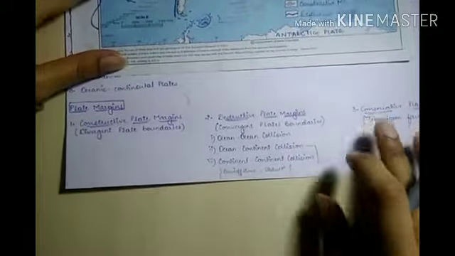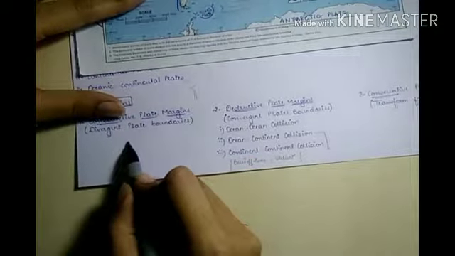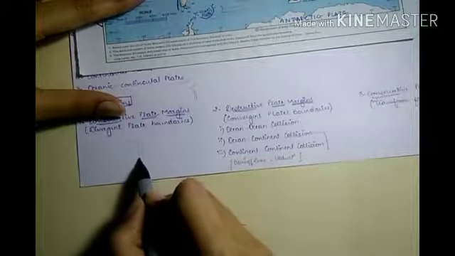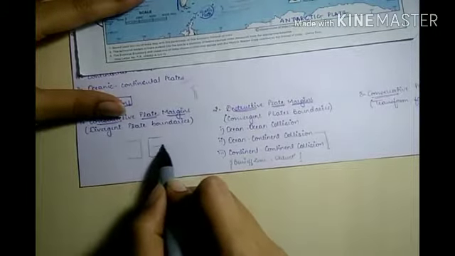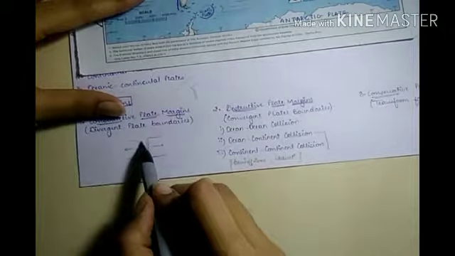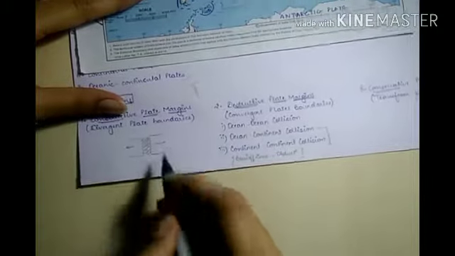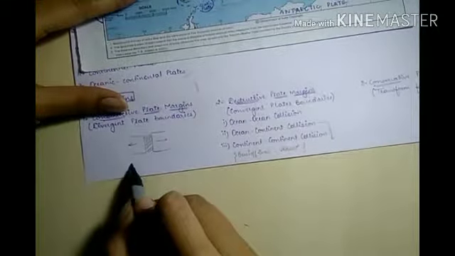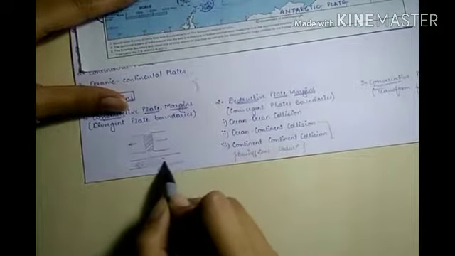In this plate margin, what happens is that the two plates move apart from each other, okay, and because they are moving apart, this area is open, and in this area we have asthenosphere, okay, which is containing hot lava.